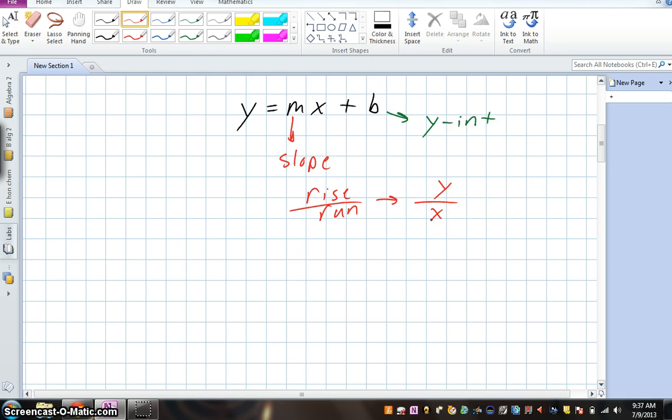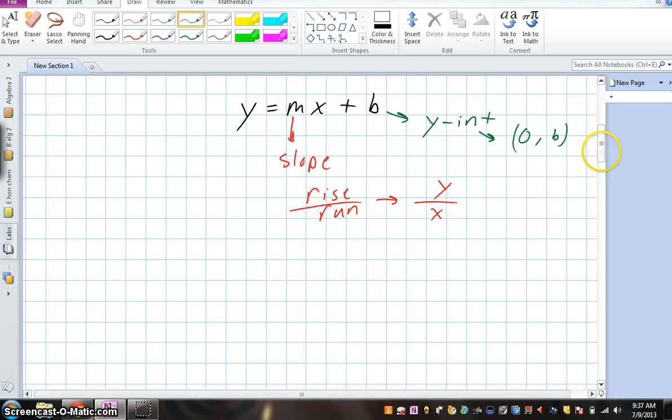So, slope is rise over run, y over x. Now, y-intercept is going to be whatever point the line crosses the y-axis at. It's always going to be this point, (0, b), okay? 0 something, because you're not going to go left and right, you're only going to go up or down so many, every single time, okay?